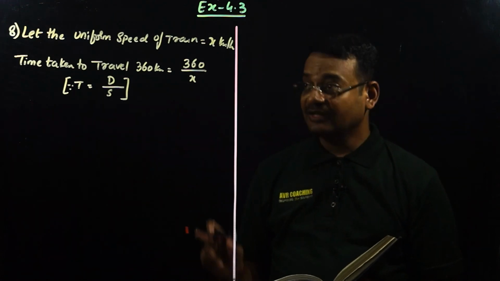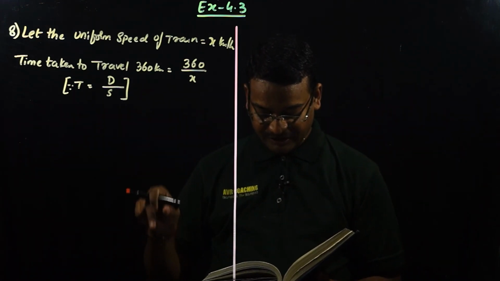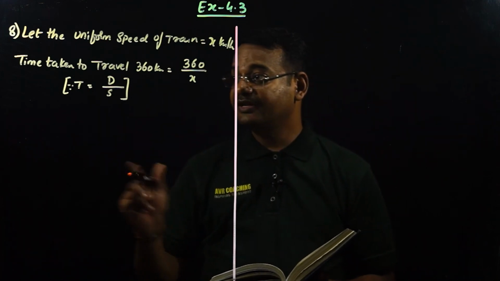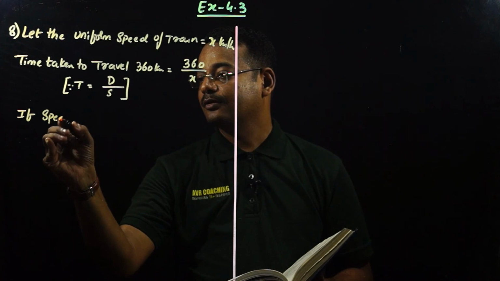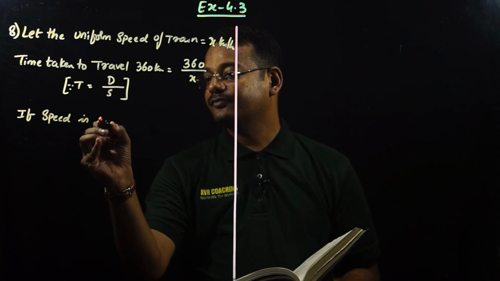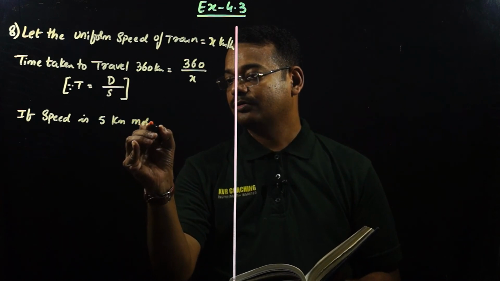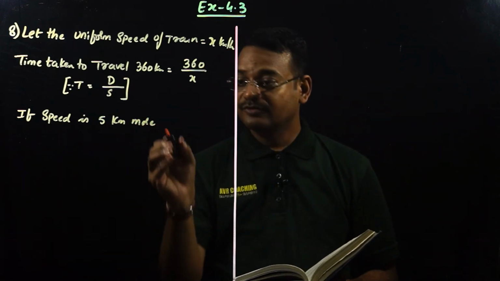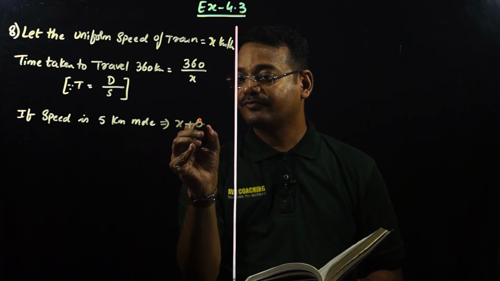Next, the condition is if the speed has been 5 kilometers more, then speed is x plus 5.